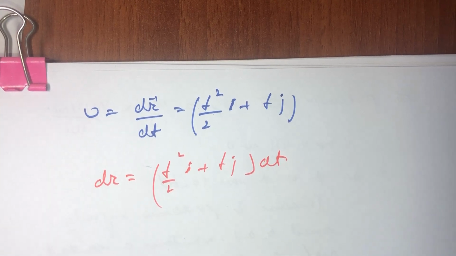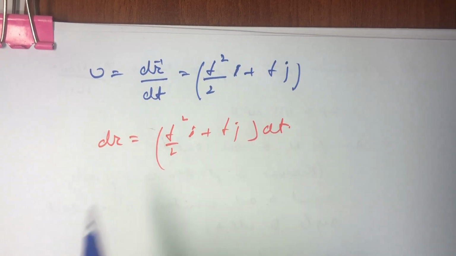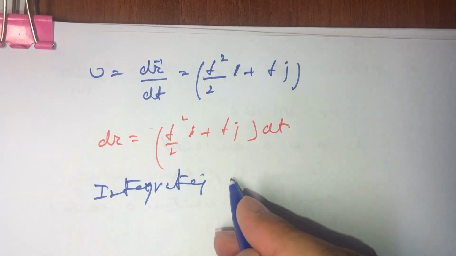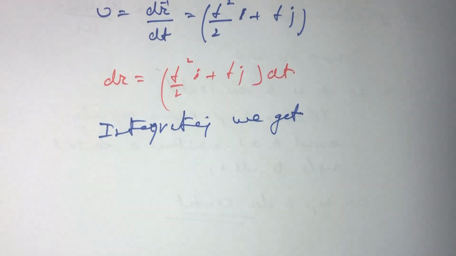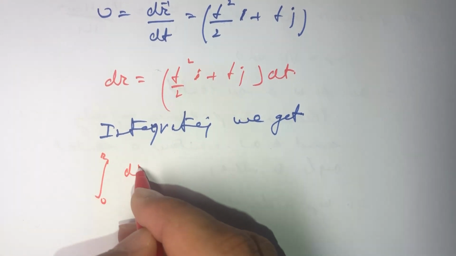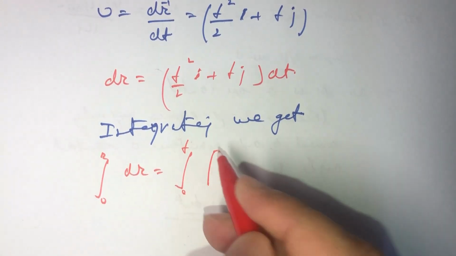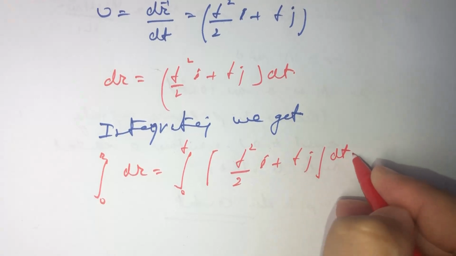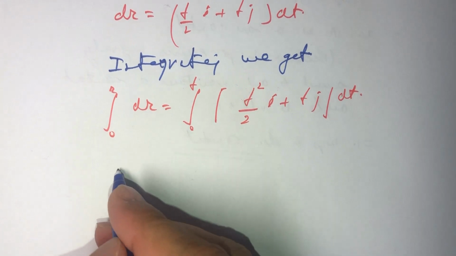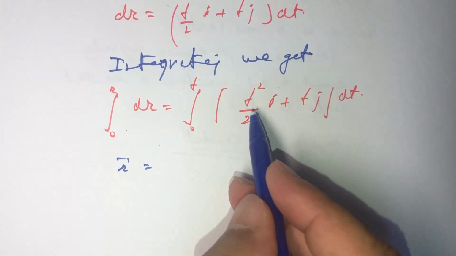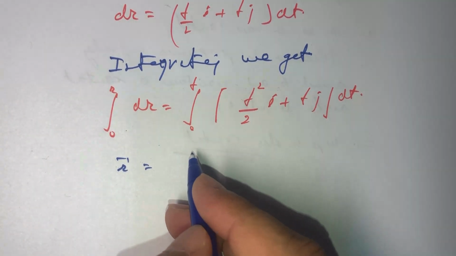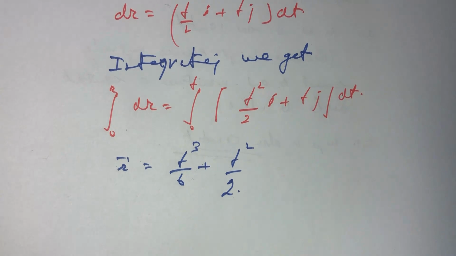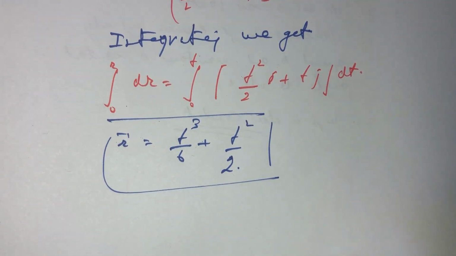Now once again, integrating the equation from 0 to r and 0 to t, we get the integral from 0 to r of dr equal to the integral from 0 to t of (t²/2 i + t j) dt. The left side becomes r, and this is equal to t³/6 i plus t²/2 j. So this is the value of the position vector r.